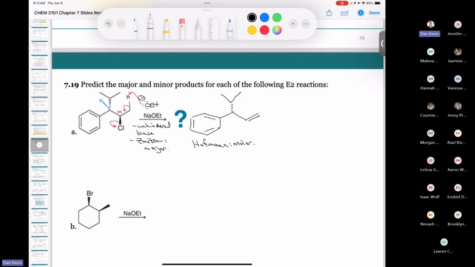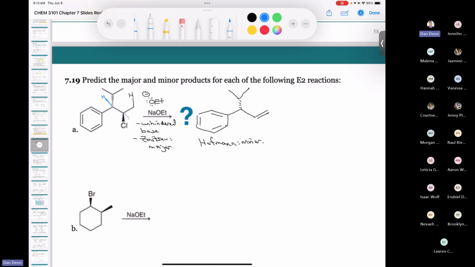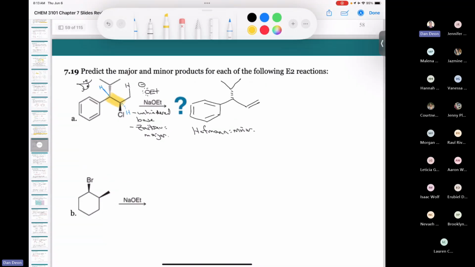All right, so when we're figuring out the Zaitsev product, what we're going to do is draw a Newman projection the way I taught you last class. So let's imagine we have our eyeball here, and we're looking down this carbon-carbon bond. What are we going to see? Well, I didn't leave myself a lot of space here, but I'll try to squeeze it in.